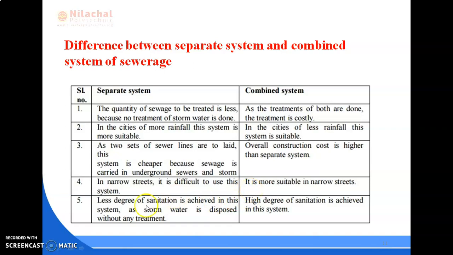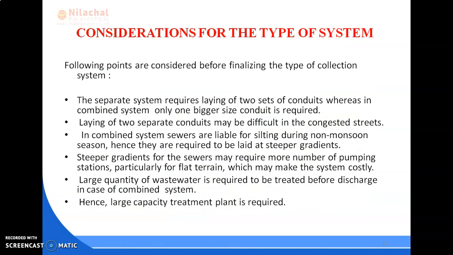Number 5, less degree of sanitation is achieved in the combined system as stormwater is disposed without any treatment. Here higher degree of sanitation is achieved in the separate system. So these are the basic differences between separate system and combined system.